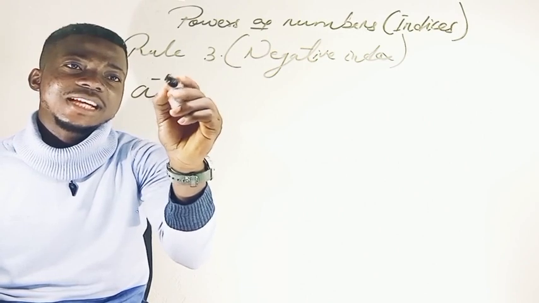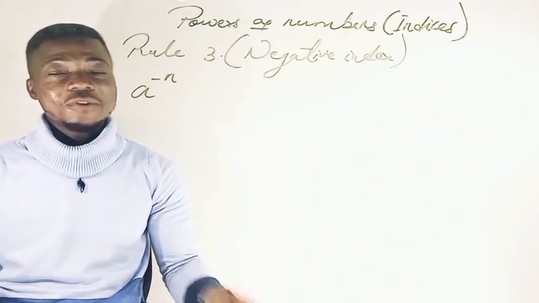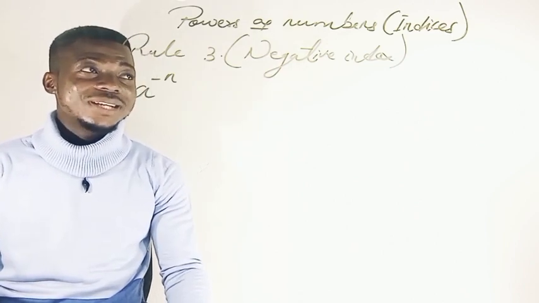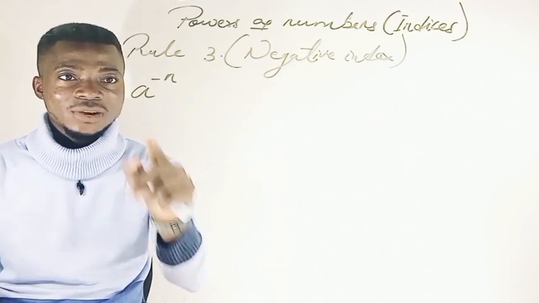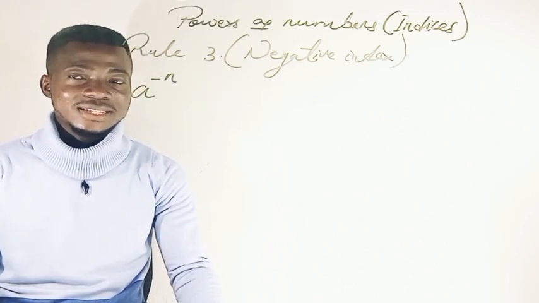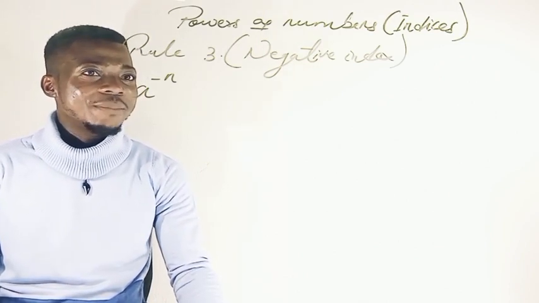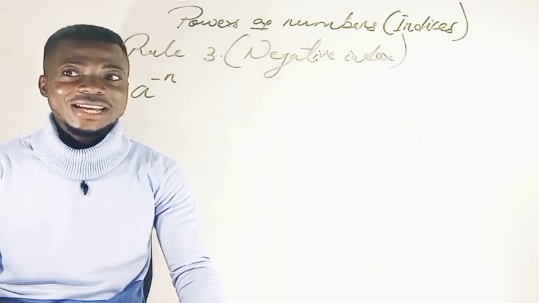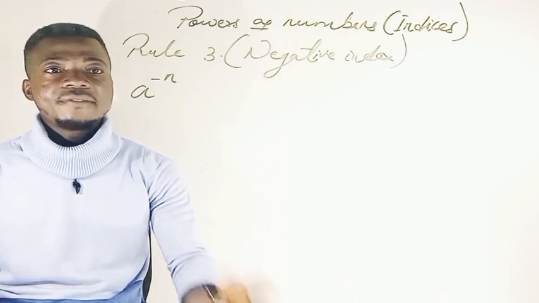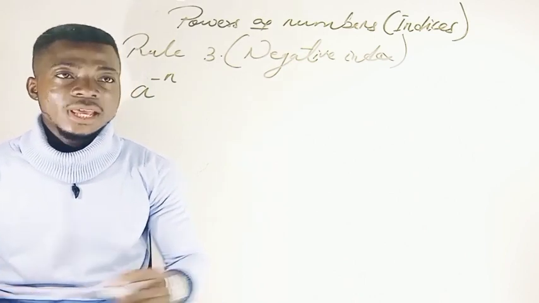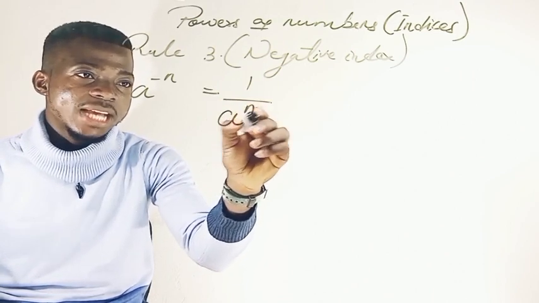If you have a exponent negative n, all right. Yes, if you could recall, when we were talking about the quotient law, I got an answer that's kind of like this: a exponent negative one. I said I'll talk about that. Yeah, so if you were listening to me, you know that I said something like that. So now let me talk about it. This is the third rule, okay? If you have a negative index like this, it's the same as writing 1 over a exponent n.